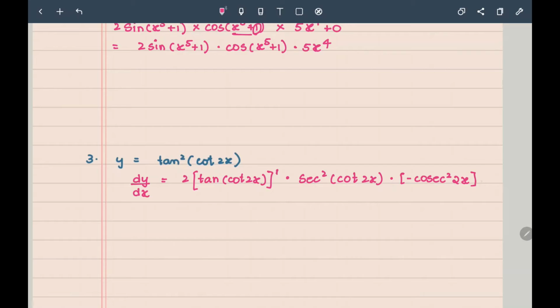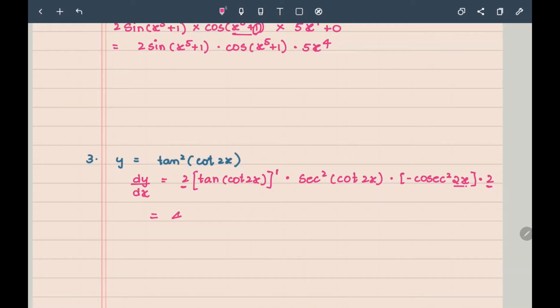Now we have to do the differentiation of the inner term, that is 2x. It will be 2. This is a bit lengthy but easy if you understand it. So here we have 1 2, here we have 1 2.